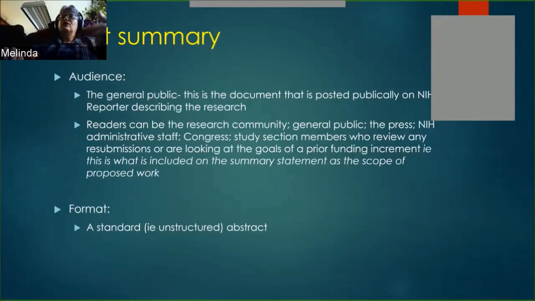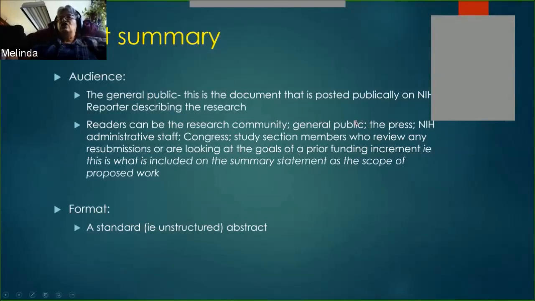The description of the research for that funding mechanism is this project summary. So if it's funded, everything you put in it is public knowledge, so competitors and other people can read it and they will know what it says.